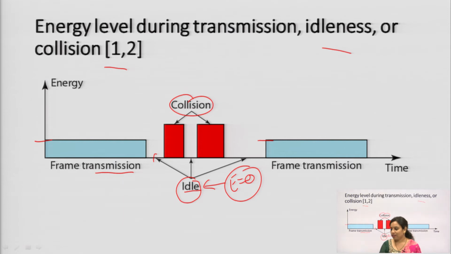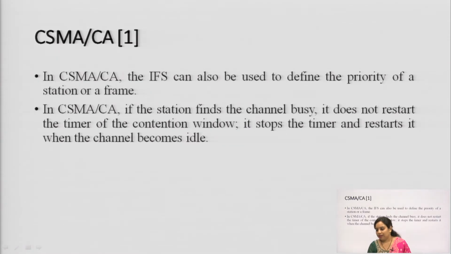So, that is the energy level during transmission, idleness or collision, because any one of the 3 procedures will be performed; other than that, no work is performed whenever we set up a network. Now, that is all about CSMA/CD, carrier sense multiple access with collision detection. Next we will see carrier sense multiple access with collision avoidance.